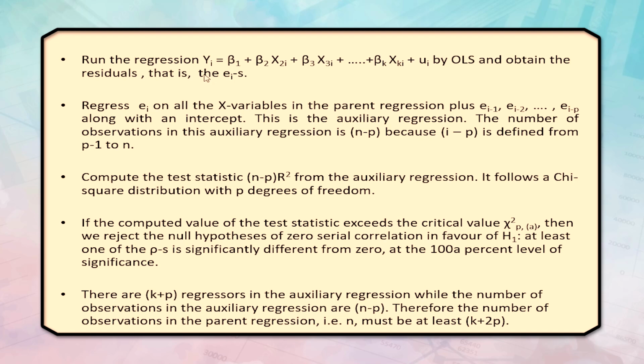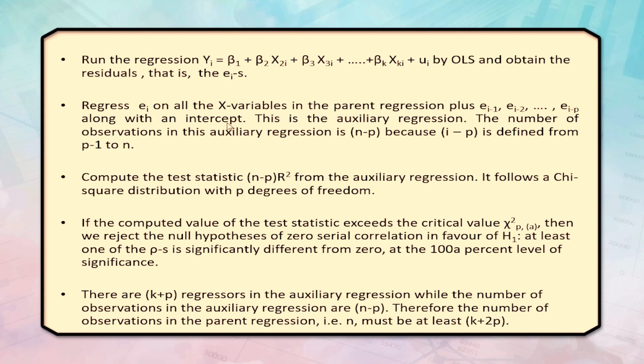Then in the next step we regress ei on all the x variables in the parent regression, plus ei-1, ei-2 right up to ei-p, along with an intercept.